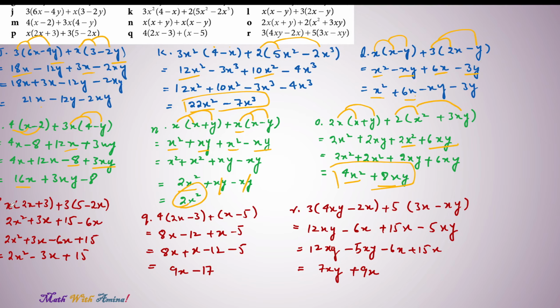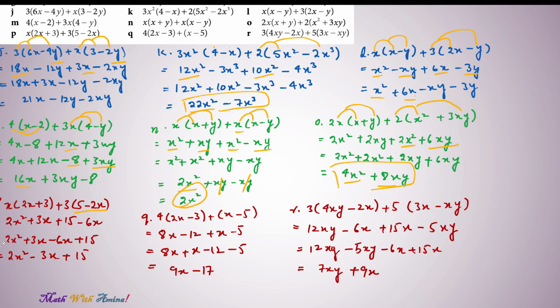The next expression is x into, in the bracket, 2x plus 3. So when we expand, we get 2x squared plus 3x, and the second bracket, when it is expanded, we get 15 minus 6x. Then we combine the like terms: 2x squared plus 3x minus 6x plus 15.